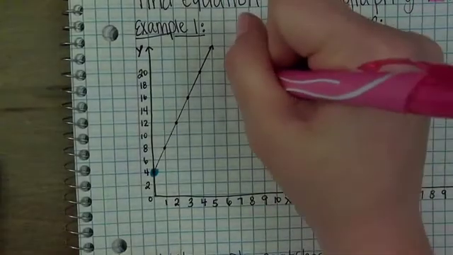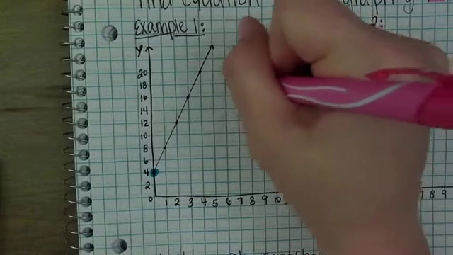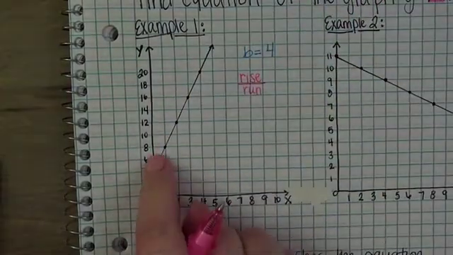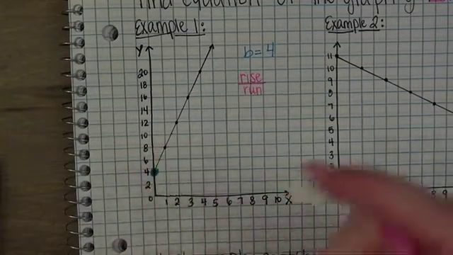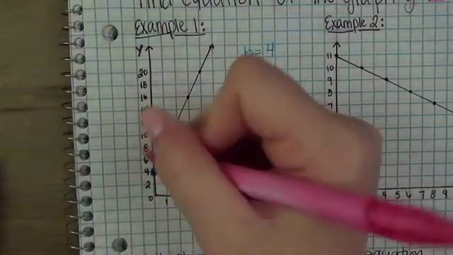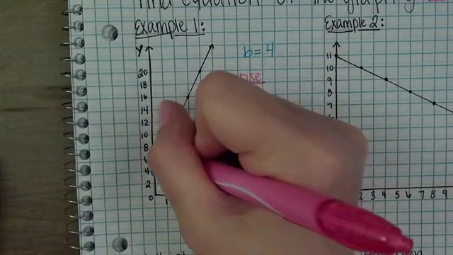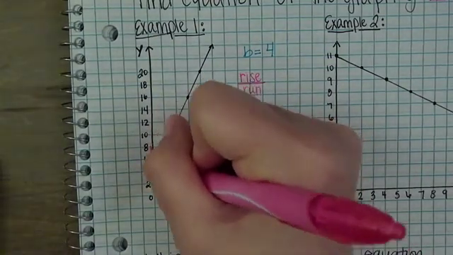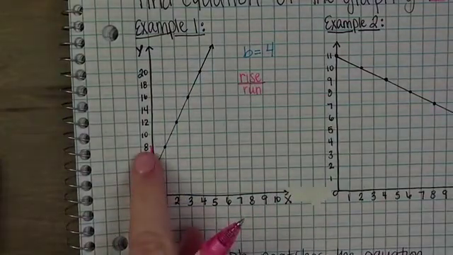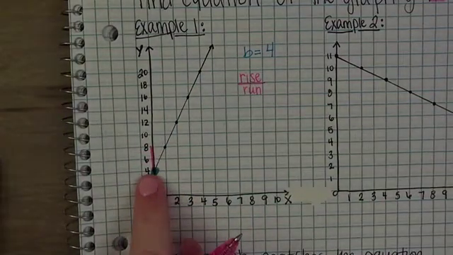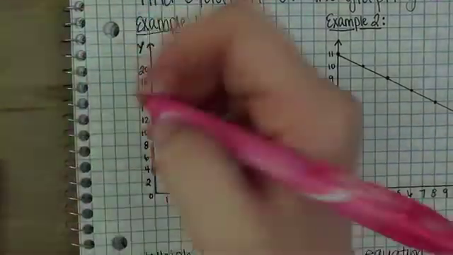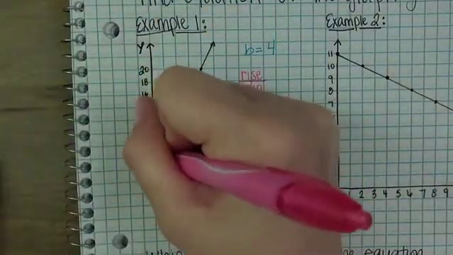Remember, slope is rise over run, or change of y over change of x. If we're at 4, I'm going to have to go up to this point right here. From 4 to 8, how much does that change? 4, 5, 6, 7, 8. So it's a change of 4.